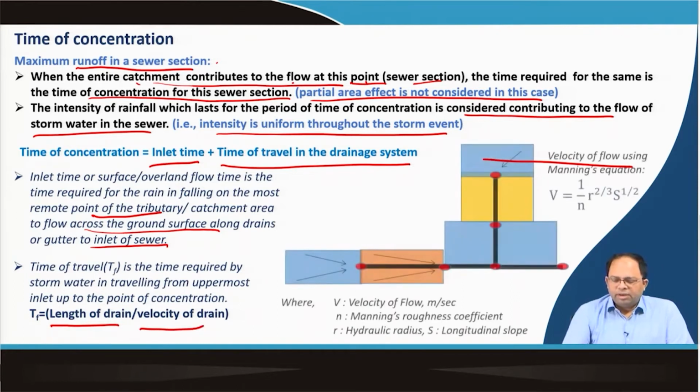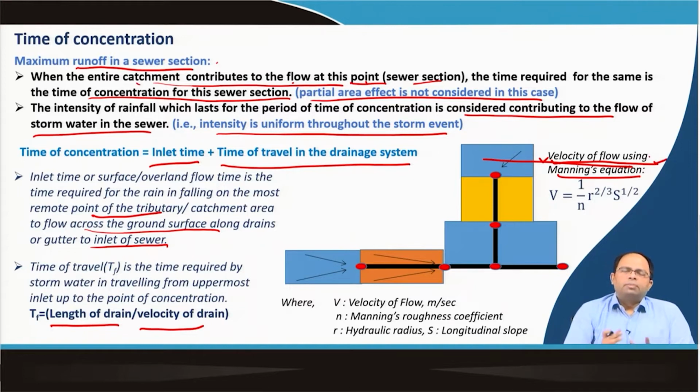And as we know, the velocity of water could be determined using Manning's equation, or Hazen-Williams as well. So, it depends on the context in which we are using this equation. If the pipe network is full, sometimes we go for Hazen-Williams, but if it is partially filled, then we will go for Manning's.